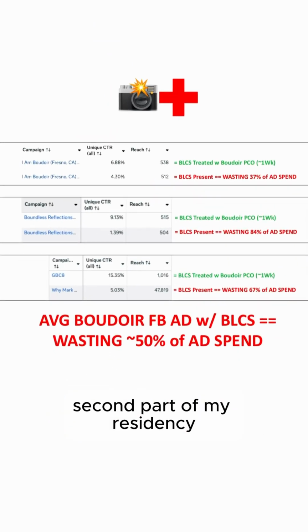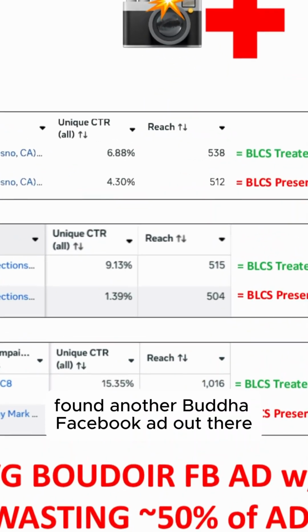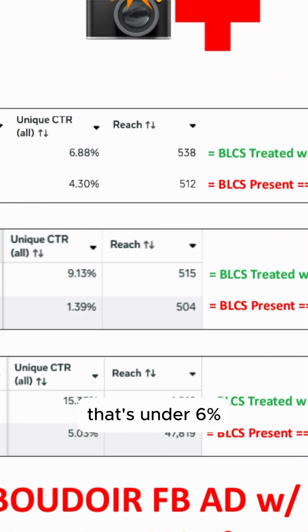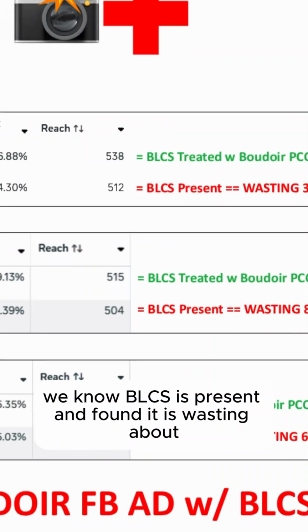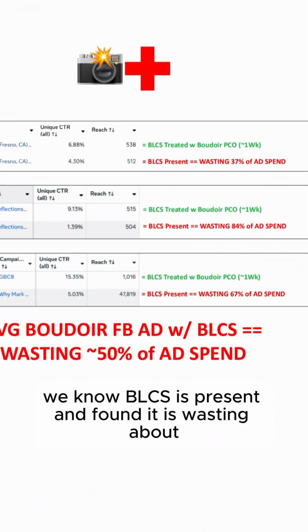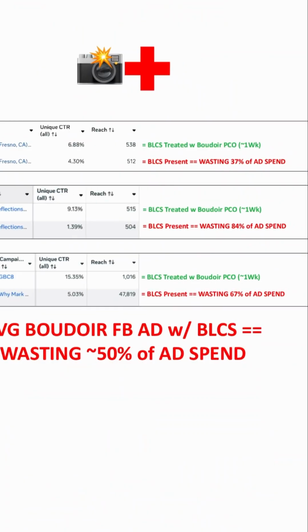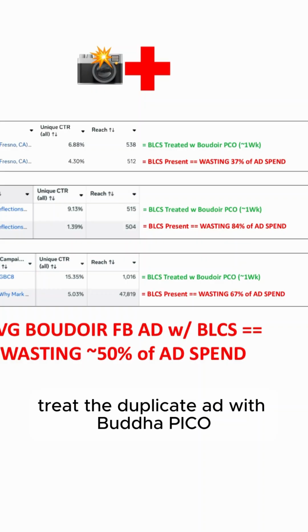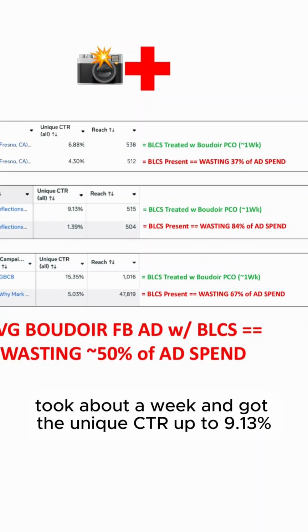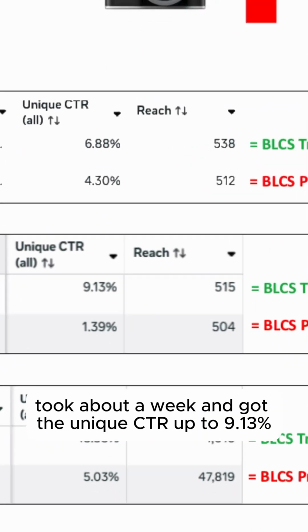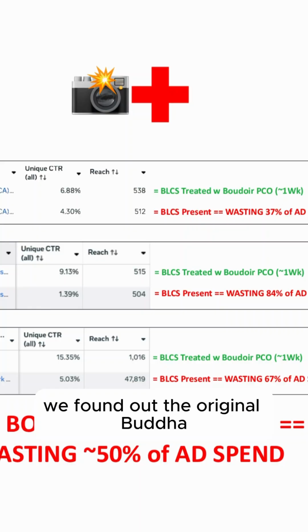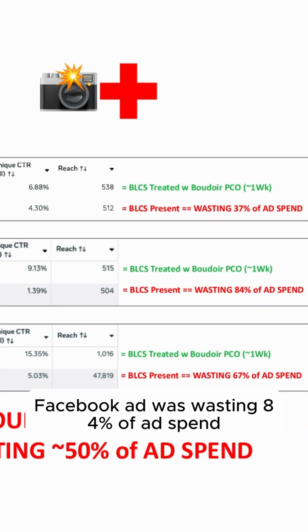Second part of my residency, found another Boudoir Facebook ad out there, brought it back to the hospital, tested it, unique CTR all 1.39%. Okay, that's under 6%. We know BLCS is present, so we duplicated it, treated the duplicated ad with Boudoir Pico, took about a week, and got the unique CTR all up to 9.13%. So we found out the original Boudoir Facebook ad was wasting 84% of ad spend.